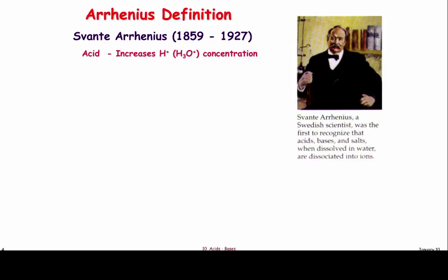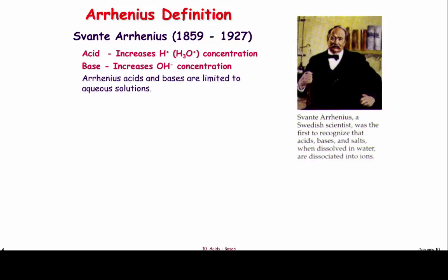H+ is also called a hydrogen ion, or when it combines with water, H2O, to form H3O+, it's called hydronium. Bases are chemicals which increase OH- or hydroxide ion concentration. Those are the Arrhenius definitions of acids and bases. And these are limited to aqueous solutions.